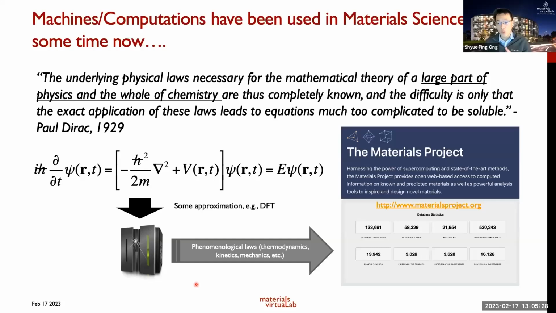One of those examples is the Materials Project, and I'm, of course, one of the founding developers of this database. Today in the Materials Project database, you have about 140,000 crystal structures, all of them have energies calculated, and more than half of them have things like band structures and various other properties.